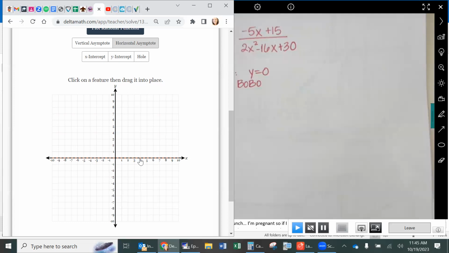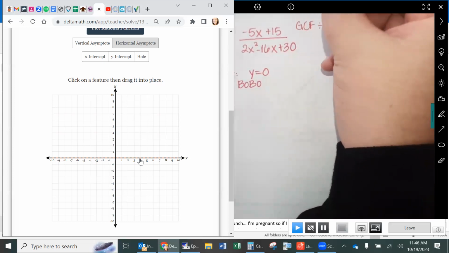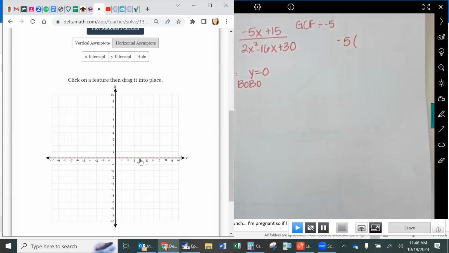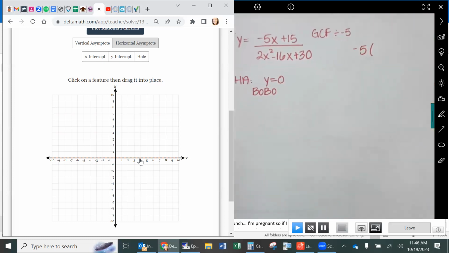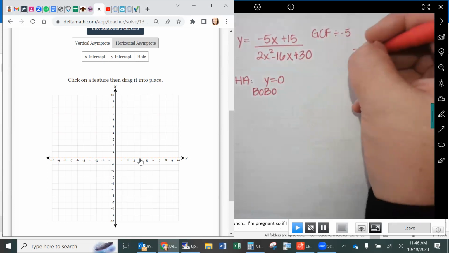Every other feature we have to factor. So take a look at the top. How could I factor the top? Where could I take out what number? Okay, -5 is correct. So I'm going to GCF, divide -5 out. And that's going to leave me with x what? +3 or -3? -3.